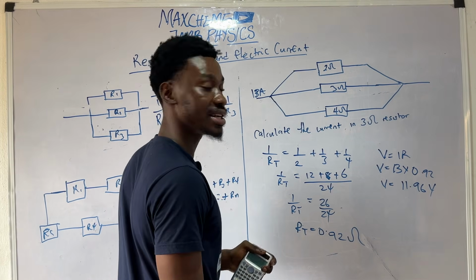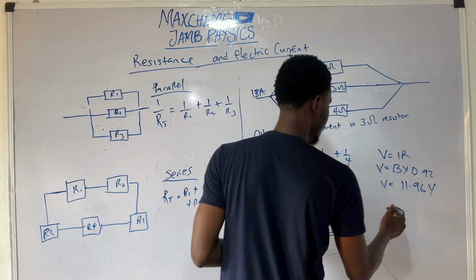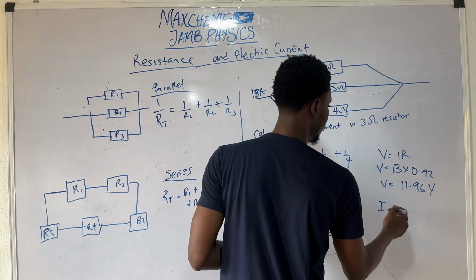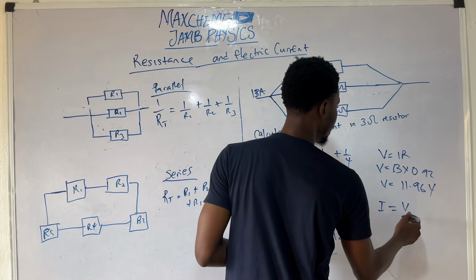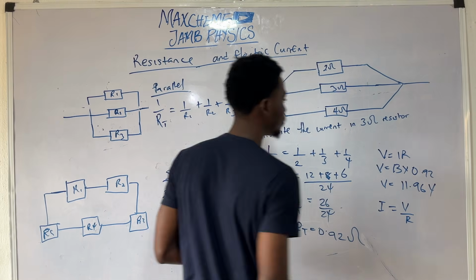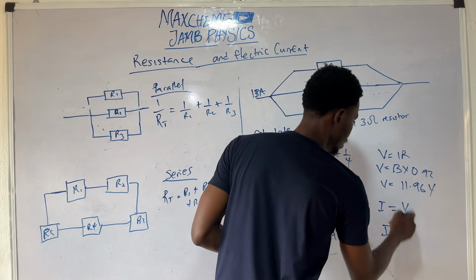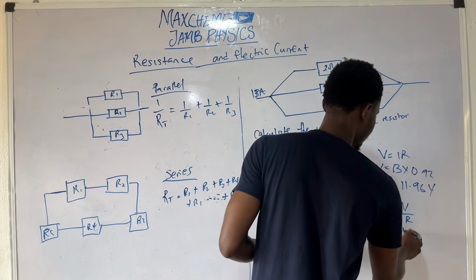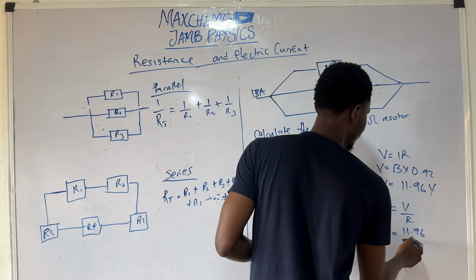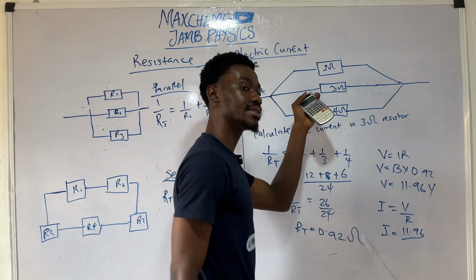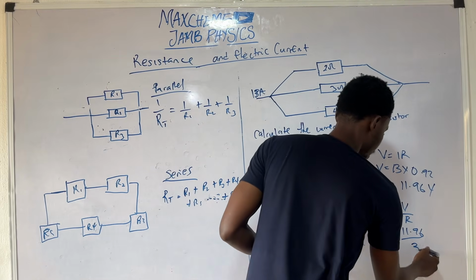Now that I have 11.96 volts, I can make the current the subject of formula here, V over R. So I is equal to this voltage here, which is 11.96, divided by the resistance in question, which is 3 ohms.